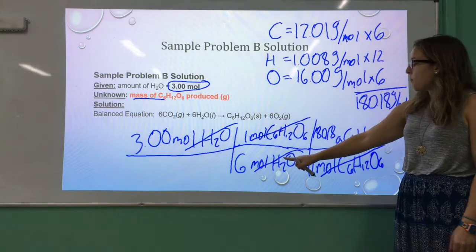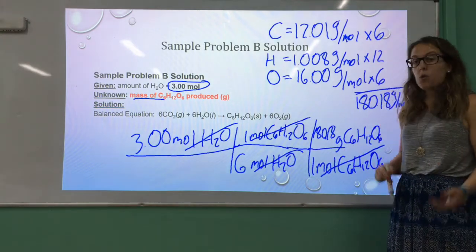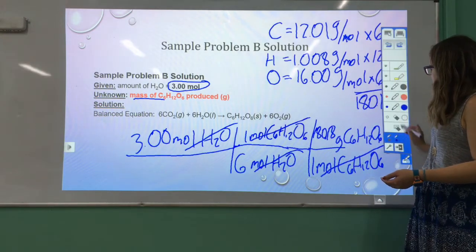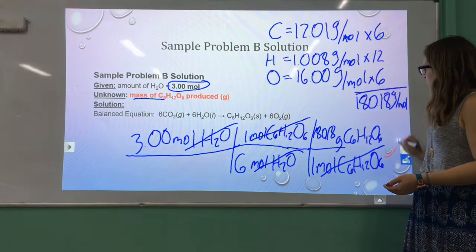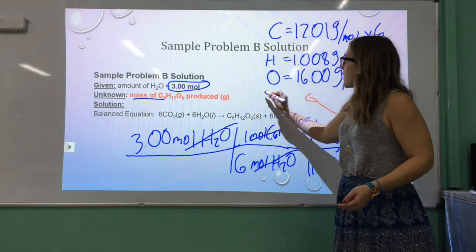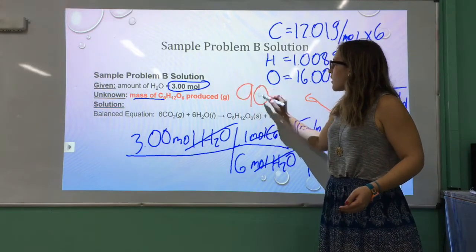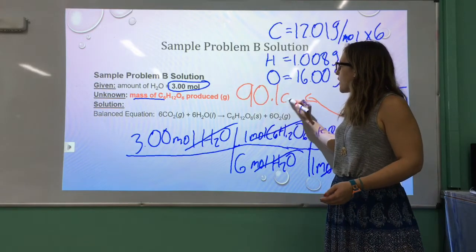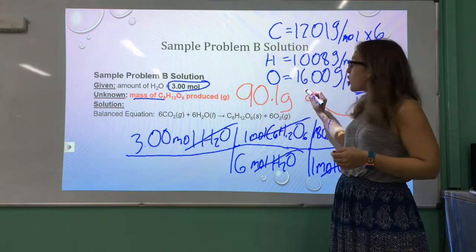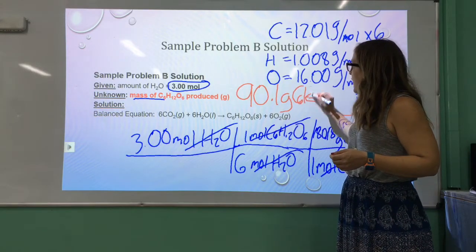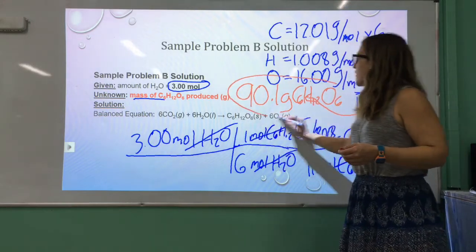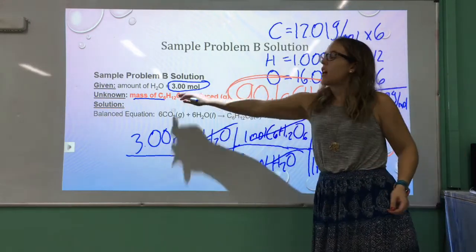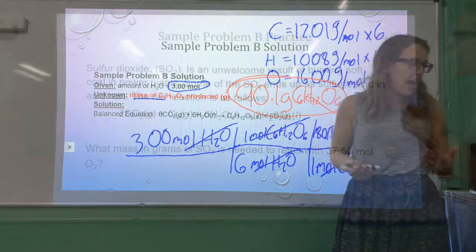So 180.18 divided by 2 would then give us 90.1 grams of what? Glucose, C6H12O6. This gives us our answer in grams, which is the mass.